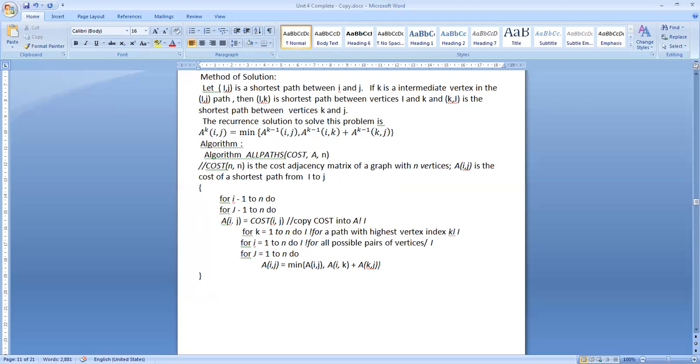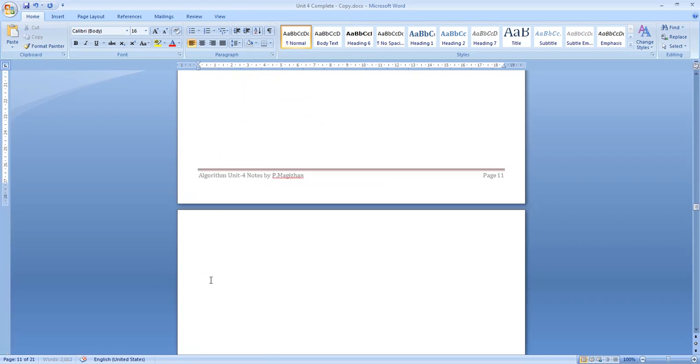When we solve one problem, you will find that this problem is very easy to solve, and this recurrence relation can be used very easily to solve it. So we try to solve one example problem. I give you one example problem.